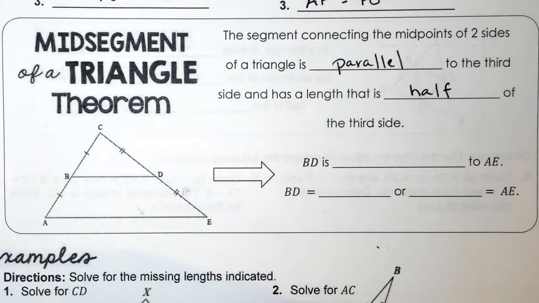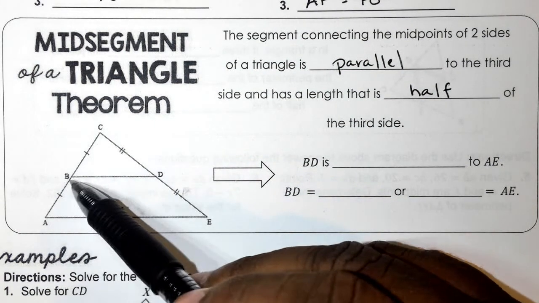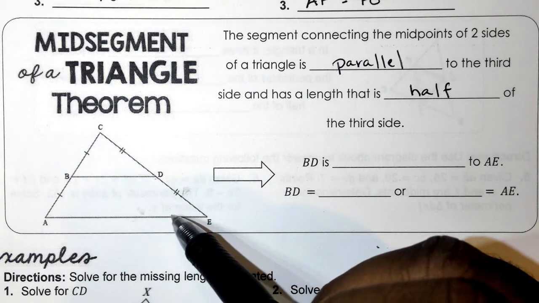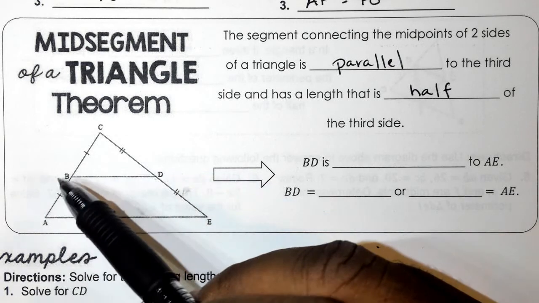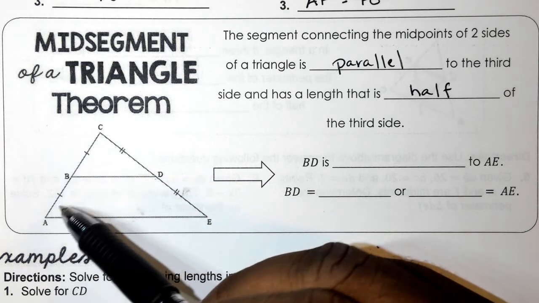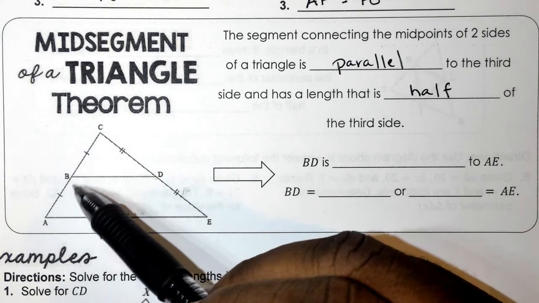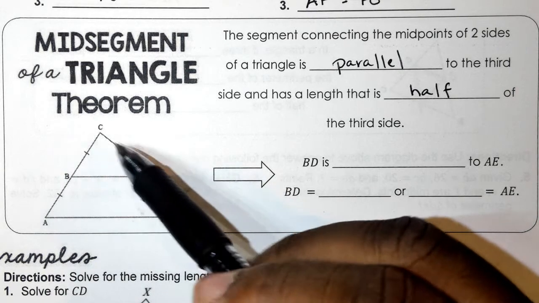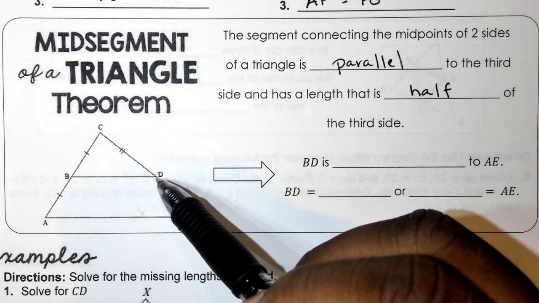What they're saying is, like I told you, when you see it, most of the time you're only going to see one mid-segment in your triangle. So I got a triangle ABE right here, and then in there they have this mid-segment BD. How do I know it's a mid-segment? Looking at the markings on the two sides here, they're showing me that AB and BC are congruent, so that means B has to be a midpoint on this side, and on this side they're showing me CD and DE are congruent, so that means D has to be a midpoint on this side.